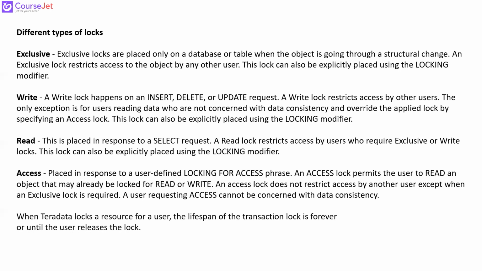An access lock does not restrict access by another user except when an exclusive lock is required. So if you're going to have an exclusive lock on an object, then there shouldn't be any other lock. That is the rule. Okay. So again, when you have the access lock, the data may not be consistent.